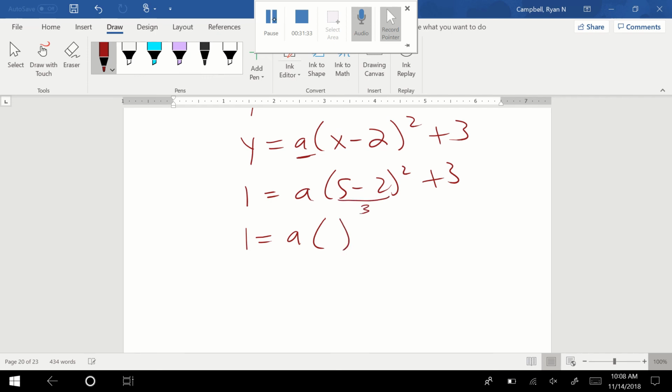We can subtract our 3, so we get negative 4 equals 9a. So then a is negative, nope, that's not negative 4, that is negative 2. So we get negative 2/9.